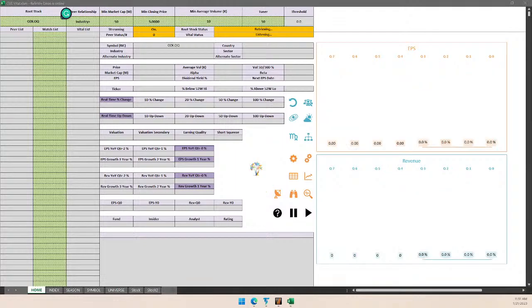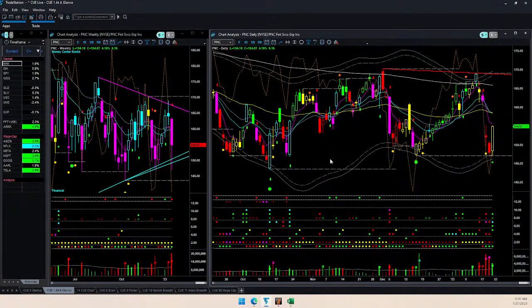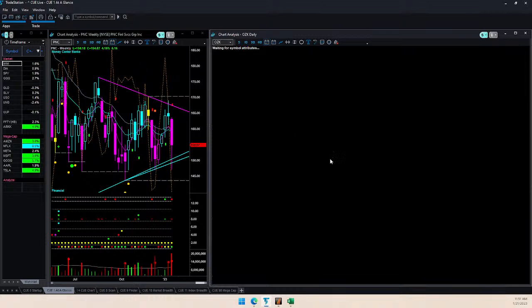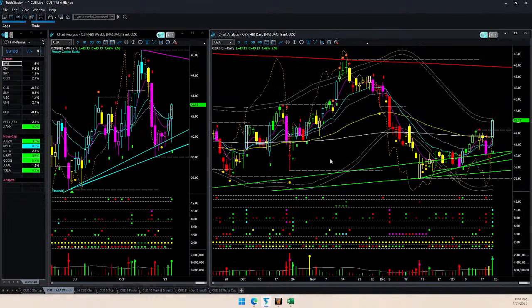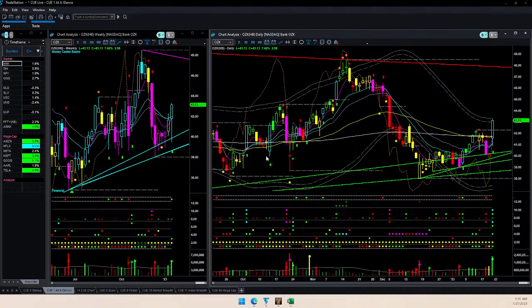While it's retrieving data, let's go to the chart also. And you will see how using Q systems I am deciding OZK to be a better buy than PNC. PNC could also be bought, but if I wanted to buy only one regional bank stock, I would have bought OZK between these two.